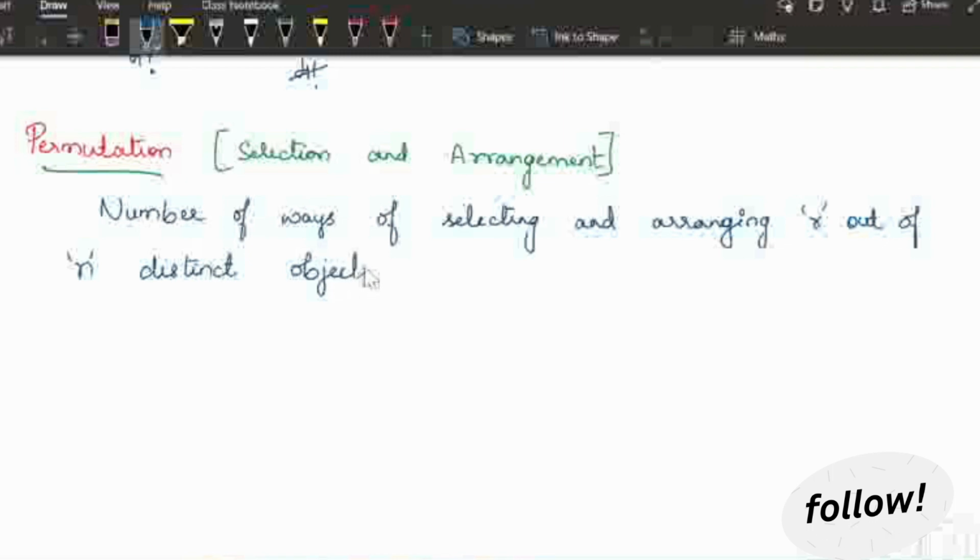Here there are certain things that you need to observe carefully. We have n distinct objects. There are n objects and all of them are distinct, meaning they are all different. You don't have any repeated objects.